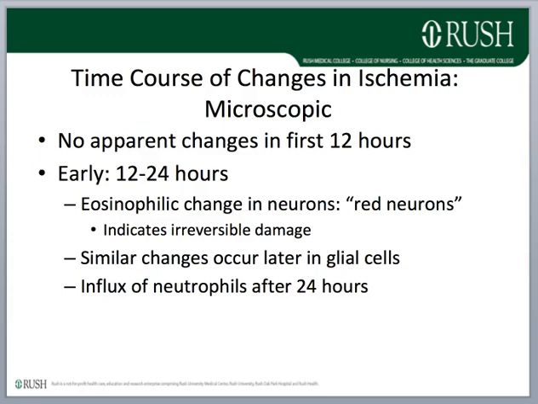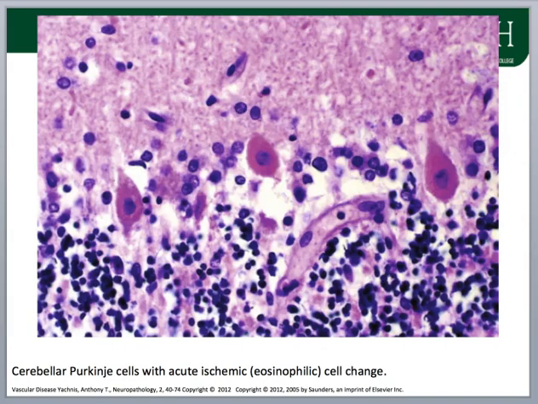This should sound familiar again. This shows cerebellar Purkinje cells undergoing red neuronal change with this acute ischemia.